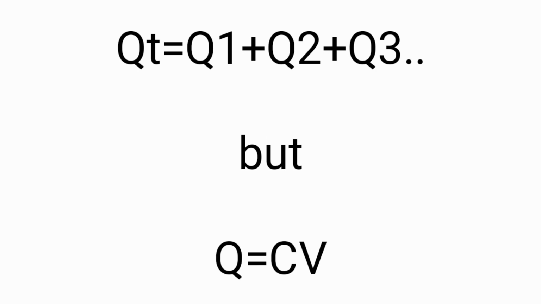We can also define the total capacitance of the parallel circuit from the total stored Coulomb charge using the Q equals CV equation for charge on a capacitor's plates. The total charge Qt stored on all the plates equals the sum of the individual stored charges on each capacitor.